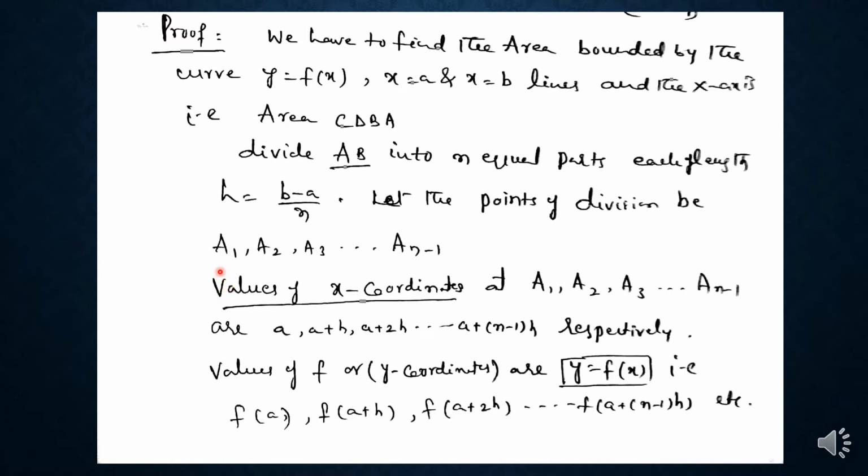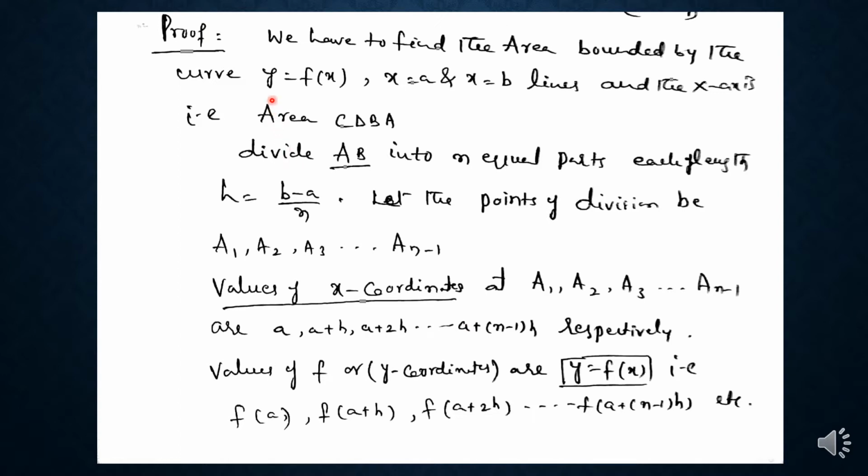Here at the point a1, x = a, the first ordinate. At a2, x = a + h. At a3, x = a + 2h. At a4, x = a + 3h. Similarly, at a(n-1), x = a + (n-1)h respectively.